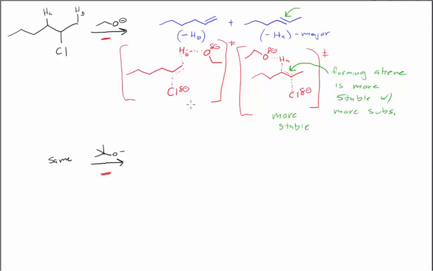And if we look at the alkene that's forming here, we'd call this a mono-substituted alkene, and that's going to be less stable than the potential di-substituted alkene. So this one is a less stable transition state.